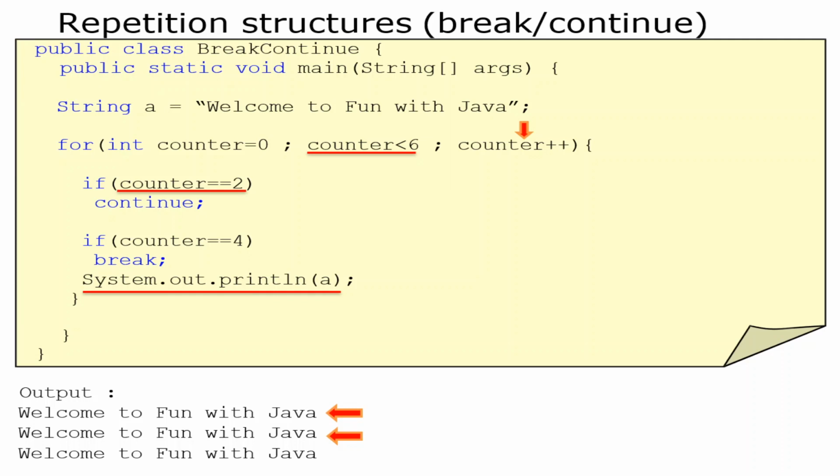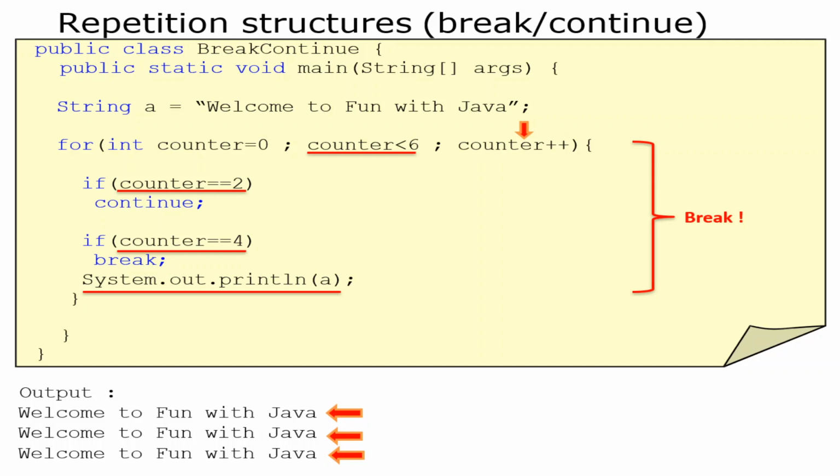Now our counter is 3, so it will print another welcome to fun with Java. How about this? If counter equals 4, break. It means when counter is 4, it breaks the whole loop. Alright, it won't proceed to the print statement or even counter plus plus.